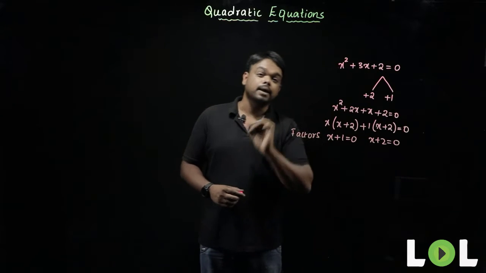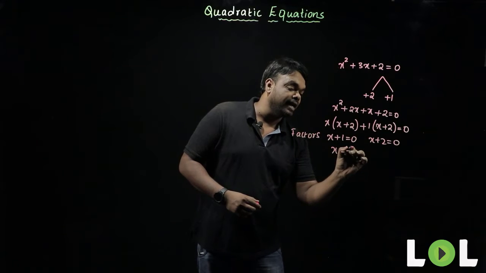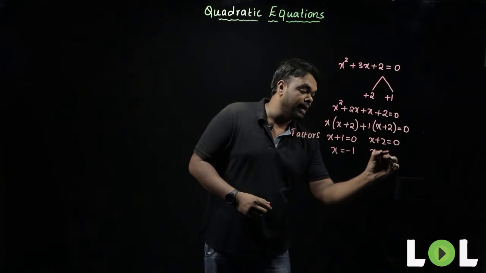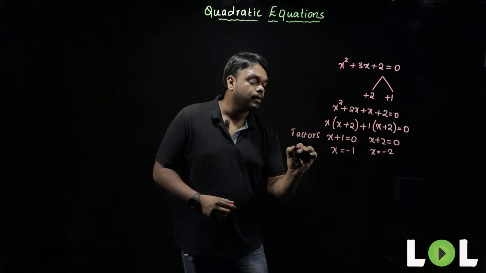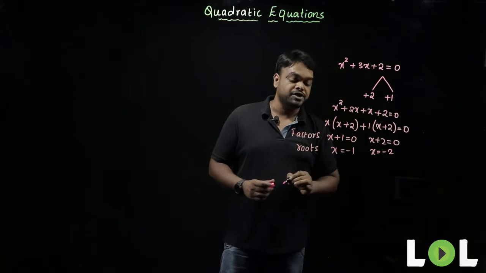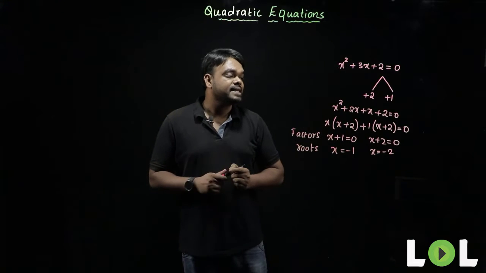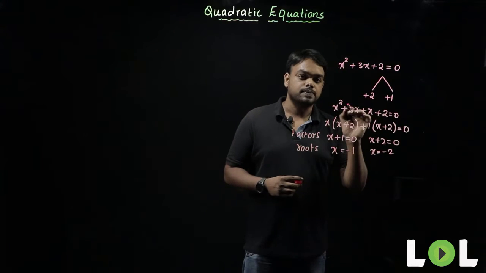But what we need is roots. So x is equal to minus 1, x equal to minus 2. These values of x are the roots of the equation x square plus 3x plus 2. Well, in the exam, you need not do all this.